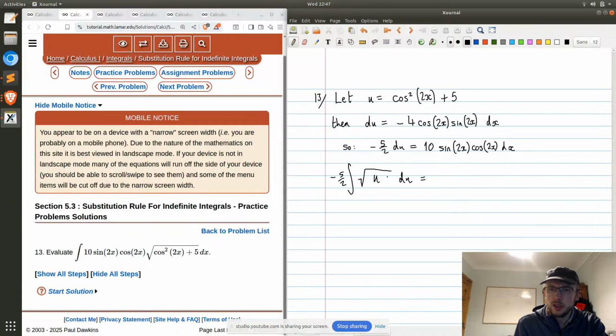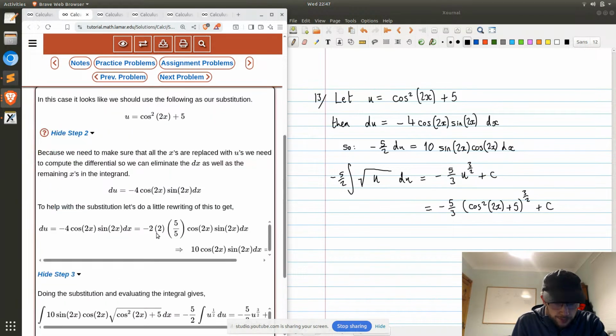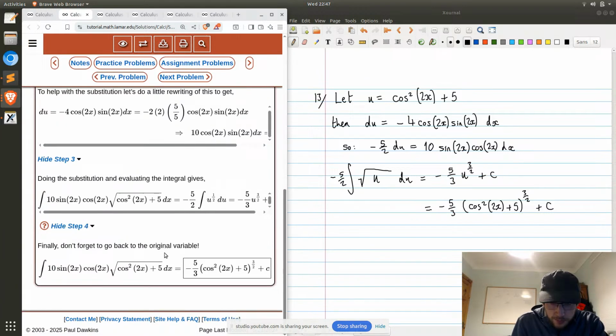So it becomes u to the 3/2. 2/3 of u to the 3/2, which is -10/6, which is -5/3, like that. That's correct.